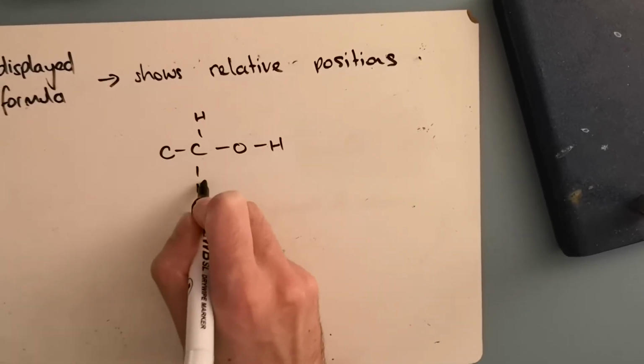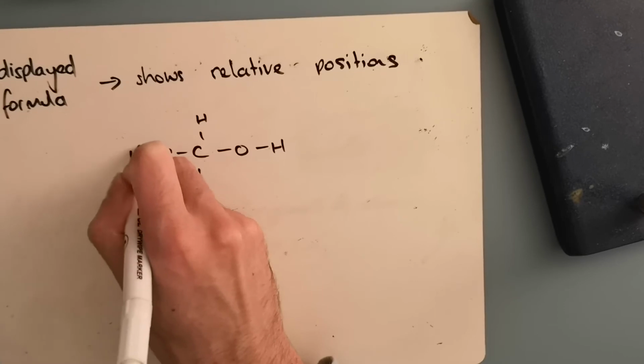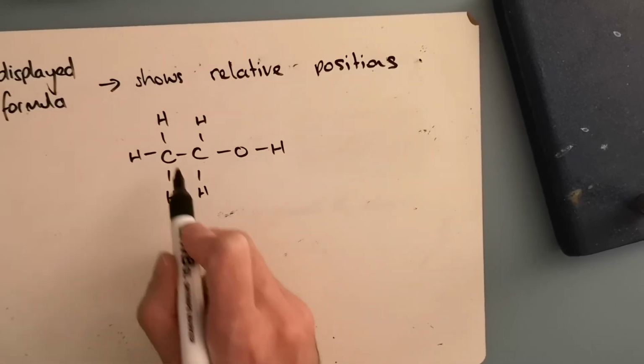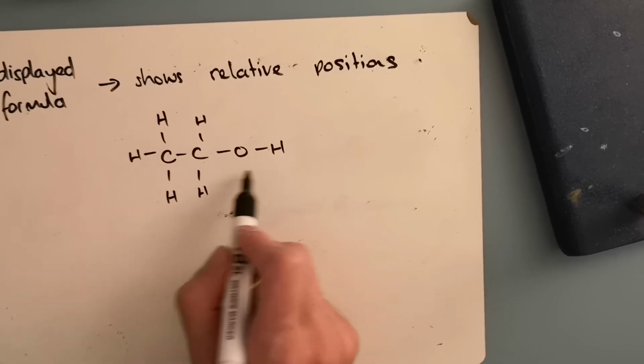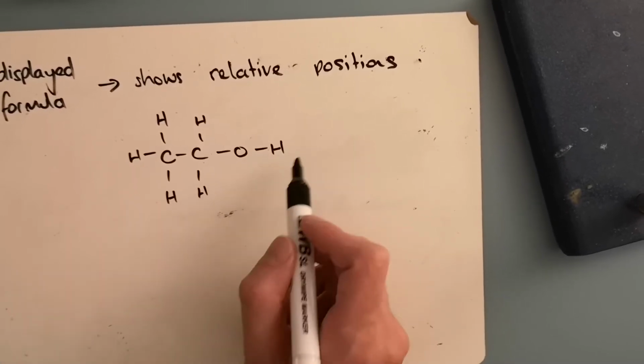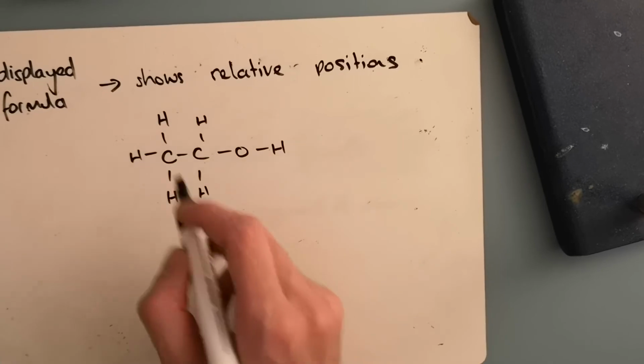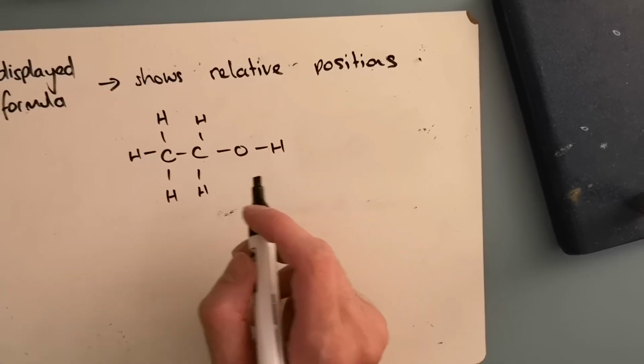So for instance, this is ethanol, and it shows the carbon, and that it's bonded to hydrogens here. This carbon's bonded to 2 hydrogens, but also an oxygen that's then bonded to a hydrogen. And this is the displayed formula.